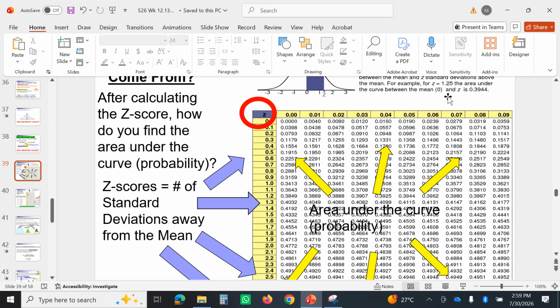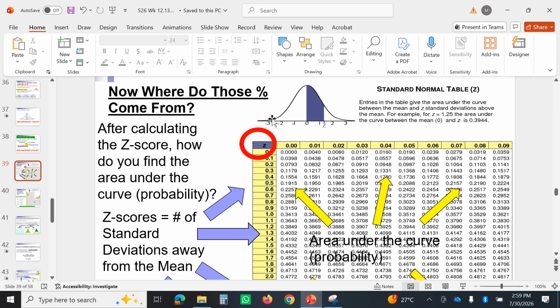We don't deal with any of these guys out here. You can have 4, 5, 6, 7, all these different standard deviations, but it gets kind of pointless because within 3 standard deviations, what's the percentage of the population? 99.7%. I'll take it. So we don't really go outside of the 3rd standard deviation.